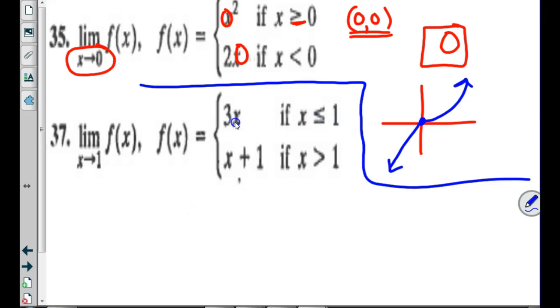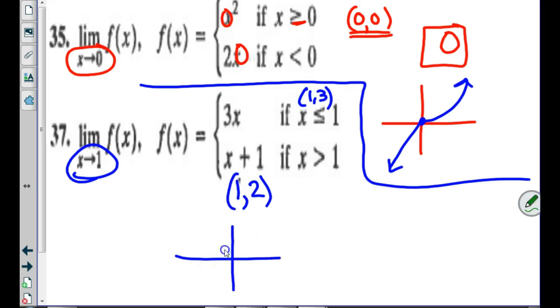If you put a 1 in here, what happens? You get out 1, 3. If you put a 1 in here, it would be an open circle, but it would exist at what? 1, 2. So at 1, is it going to be the same value on both sides? No, there's a jump, okay?